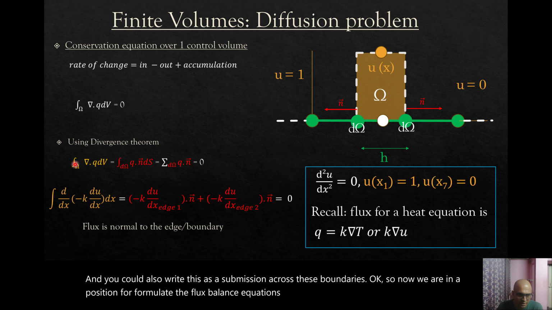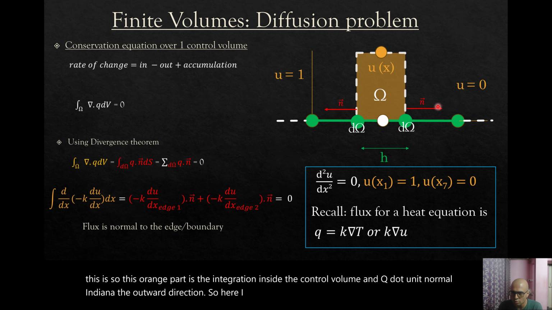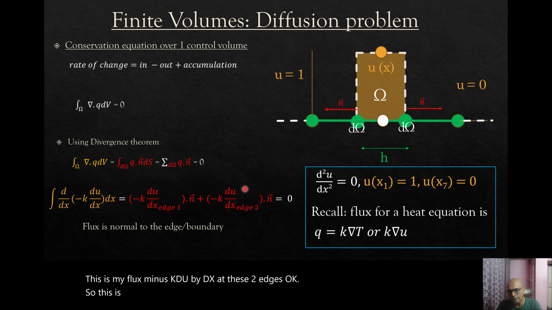Let's write this down for our 1D case. This orange part is the integration inside the control volume, and Q dot unit normal in the outward direction. Here I have shown these unit normals, and this is my flux, minus K du by dx at these two edges. So this is my flux balance equation, and in finite volumes I am mainly interested in this flux balance.